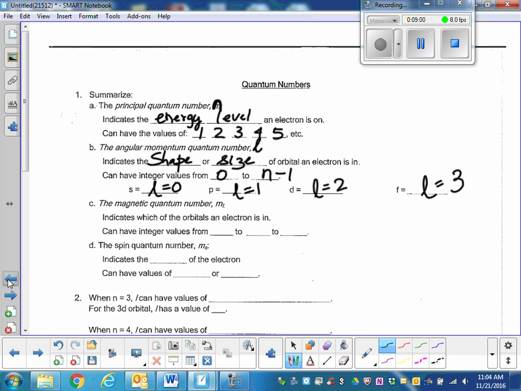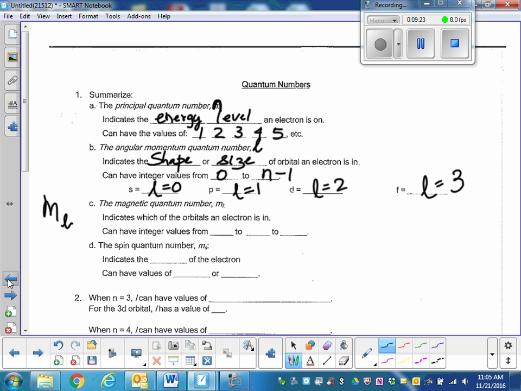Alright. So now you're solving for the next quantum number, which is called the magnetic quantum number, ML. It indicates which orbital an electron is in.